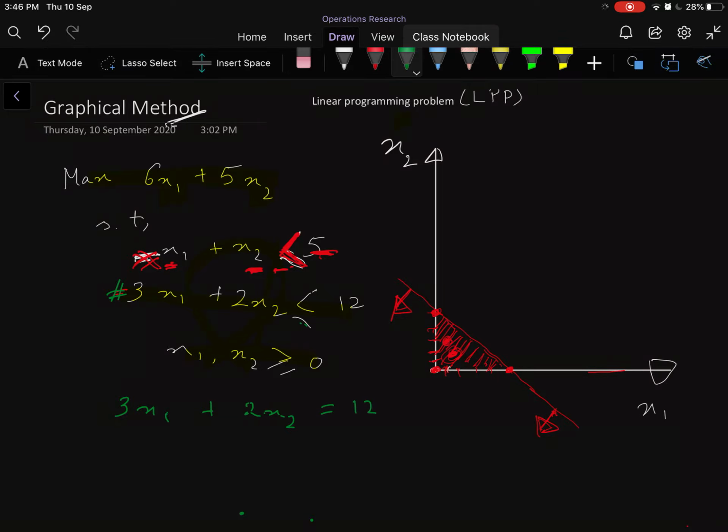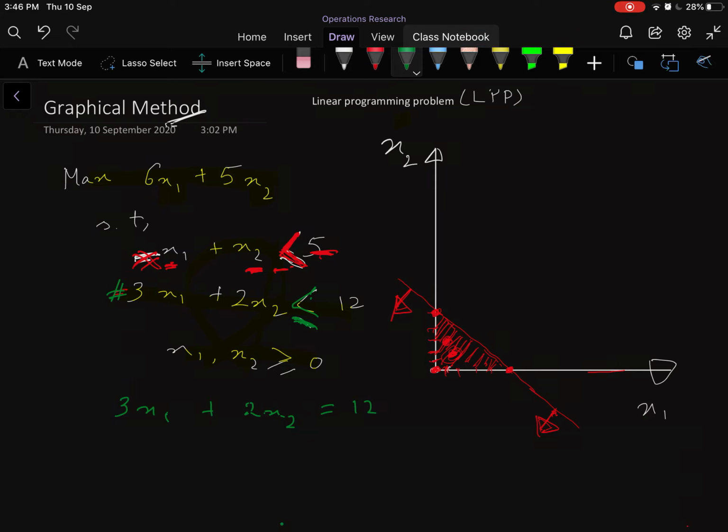Why equal to? Because this sign is there which says that the left hand side is either less than or equal to the right hand side. So for the beginning we are considering this equal to portion.